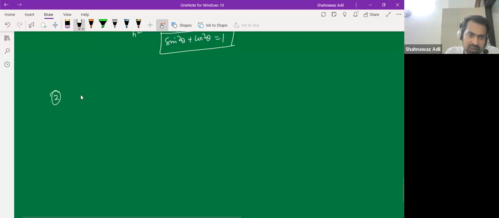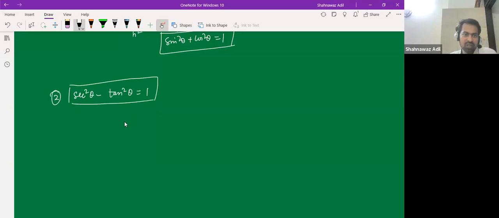The second one is sec square theta minus tan square theta equals 1. Okay, this is the second one. So Shaima, you tell me what is sec theta? H by B, right? So this is square.